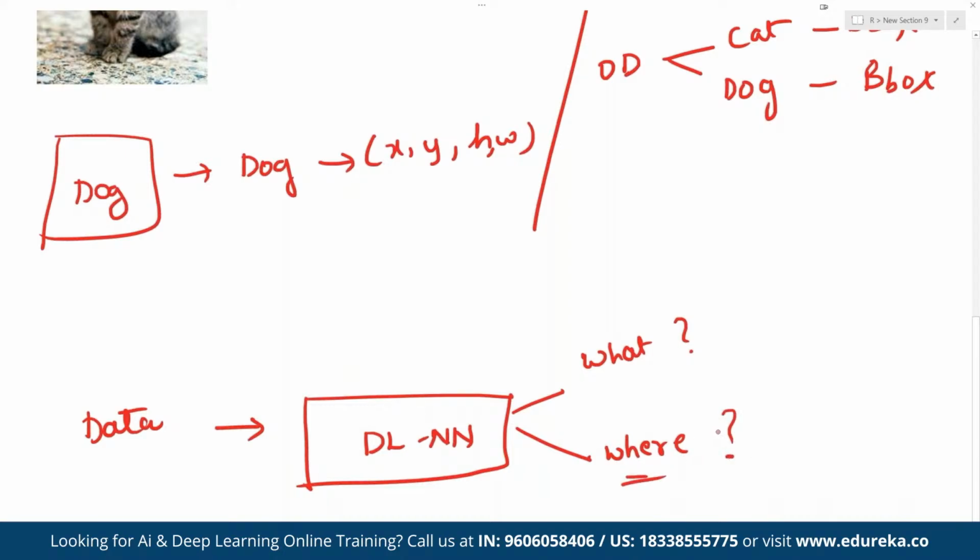So that will be the common flow, guys. We'll have the data, and we'll pass this data to the deep learning neural network. We perform the training, and the model that we train will have the ability to identify what is present in the image, and also where exactly that object is present in my given image.